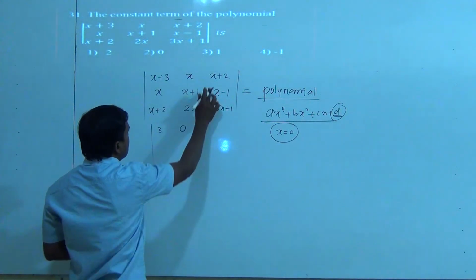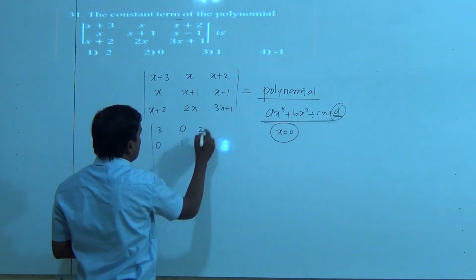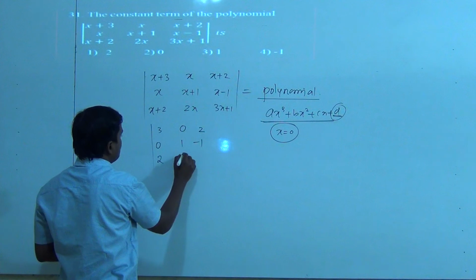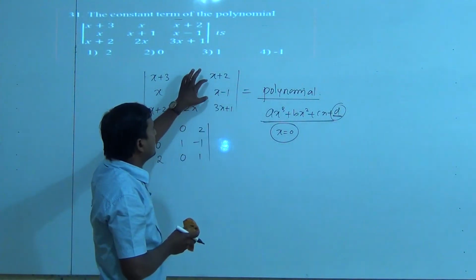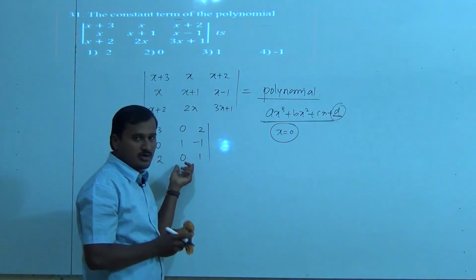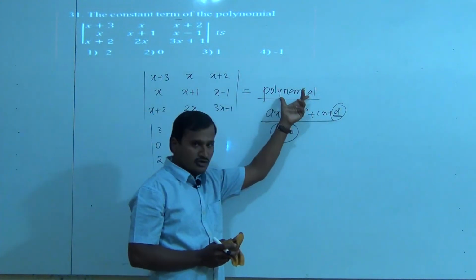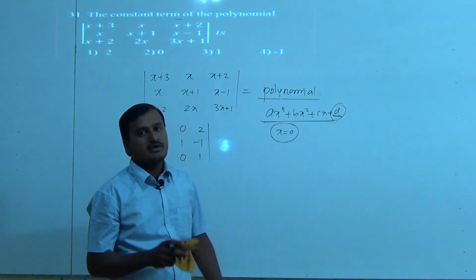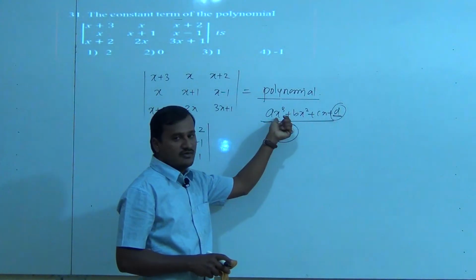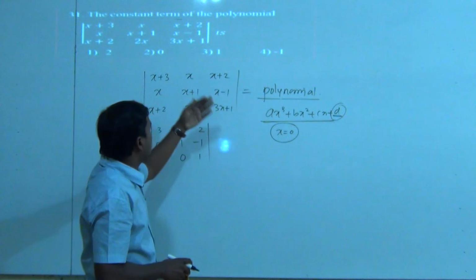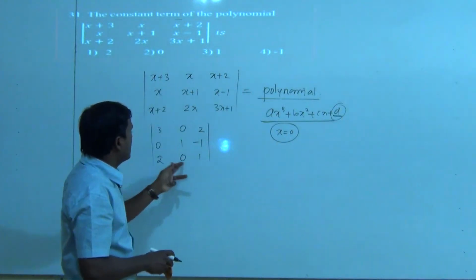Here it is 0, 2, 0, 1, minus 1, 2, 0, and 1. I have written this determinant in this form because after expanding you get a polynomial, and for any polynomial, to find the constant term, just replace x by 0. After substituting x equal to 0 in this determinant, I got this one.